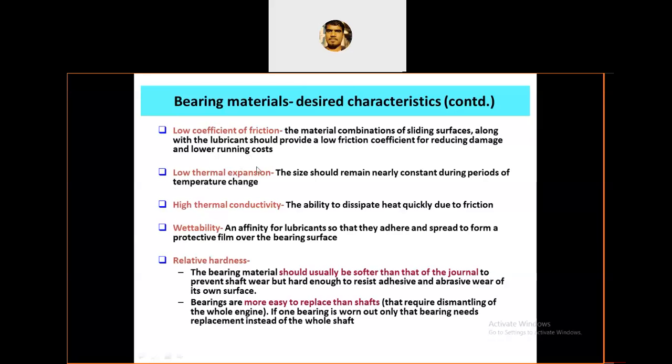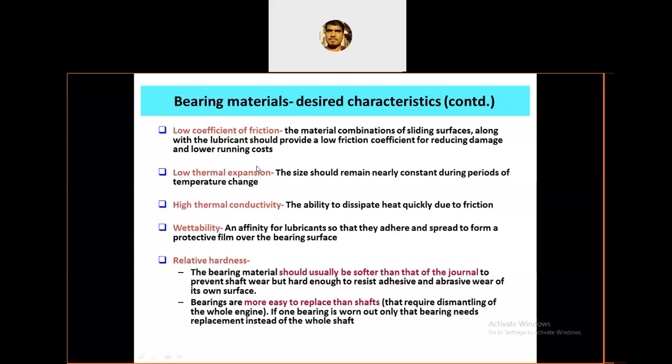So next, wettability. Wettability means the adhesion between the lubricant and the bearing material. We already know that in Newton's law of viscosity, or in the Hagen-Poiseuille law, in the assumptions, there is a perfect adhesion between the bearing surface as well as the lubricant surface. If there is a perfect adhesion, that is wettability.